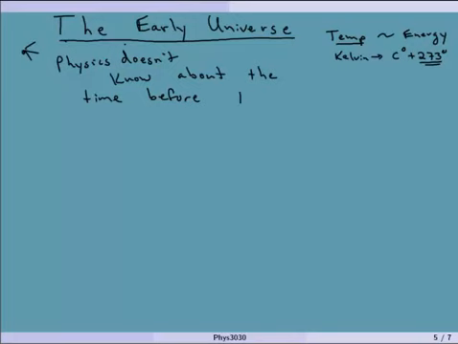The time before 10 to the negative 43 seconds. Now put this in your mind: this is 1 over 10 with 43 zeros behind it, of a second, which is not very much time. But I can honestly say that we just don't know what's going on there.